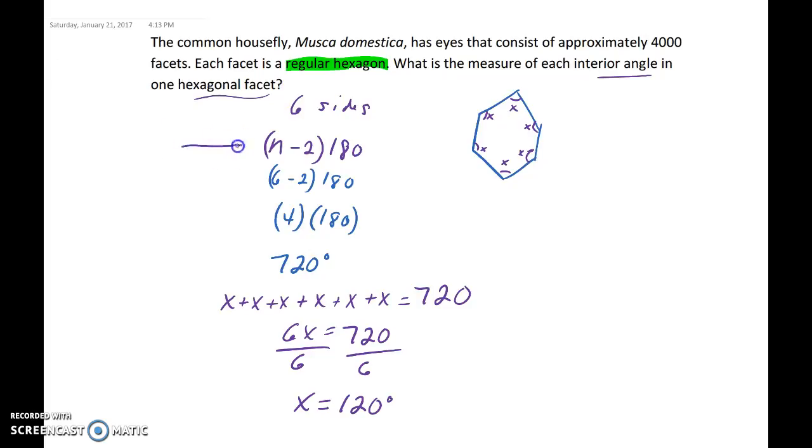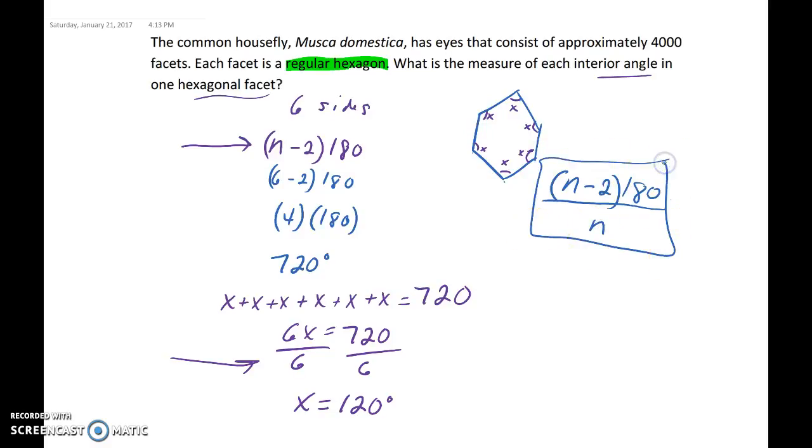Now, think about this formula and what we did here and how we can come up with the individual angle for each angle in a regular polygon. What we did is we had our original formula, n minus 2 times 180, to solve for the total sum, and then we ended up just dividing it by the number of angles that we have, which is equal to the number of sides that we have. So this is our formula.